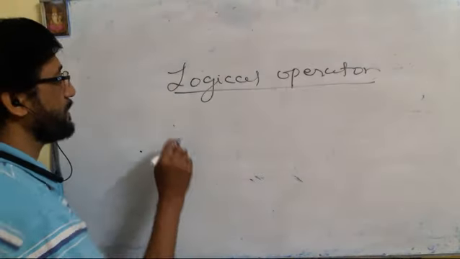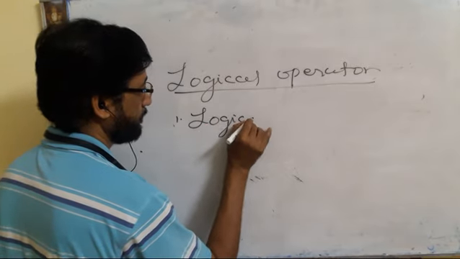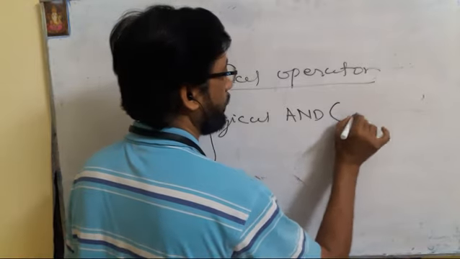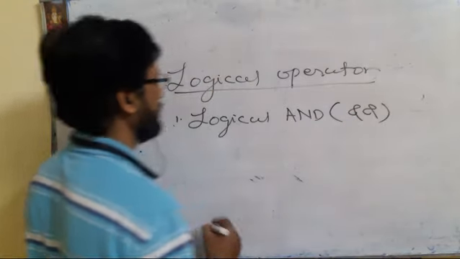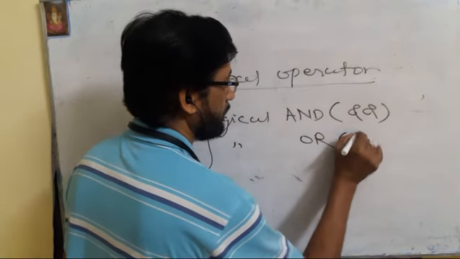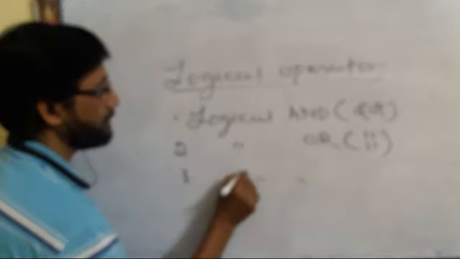Different logical operators are, first one logical AND, and the symbol used for it is the double ampersand sign. Second one logical OR, here the symbol used is the pipeline. Third one is logical NOT.